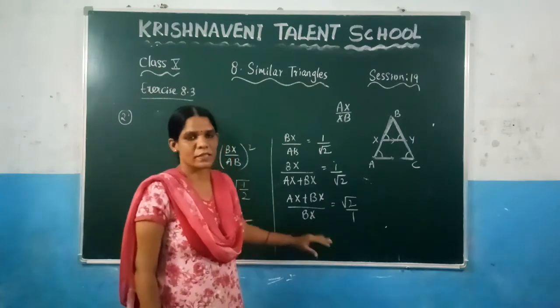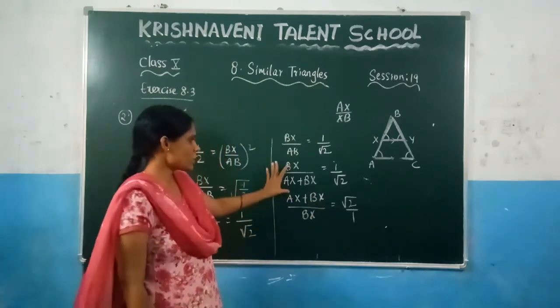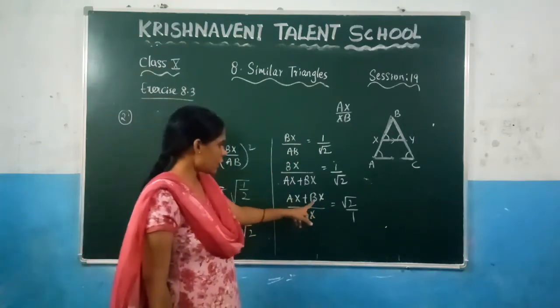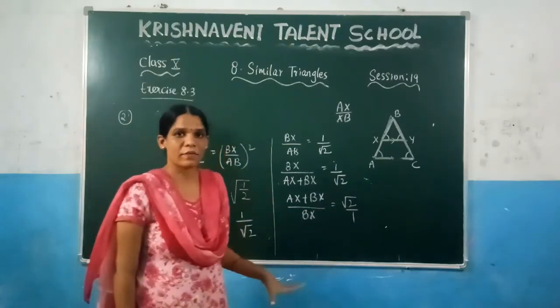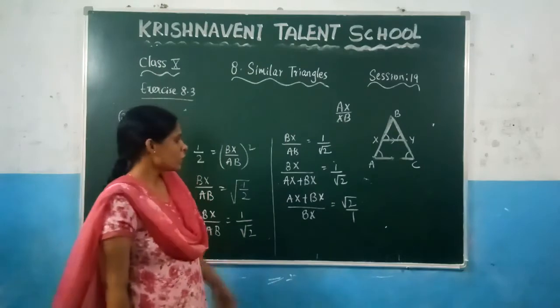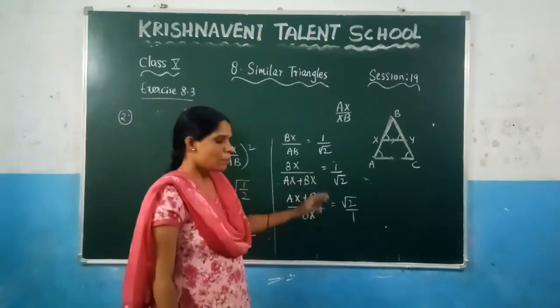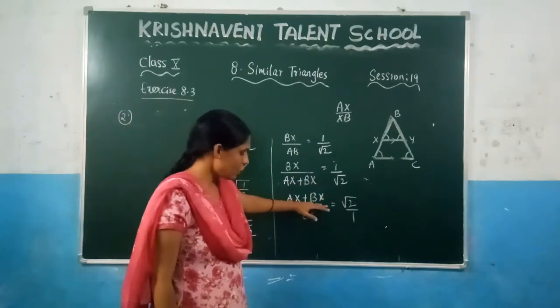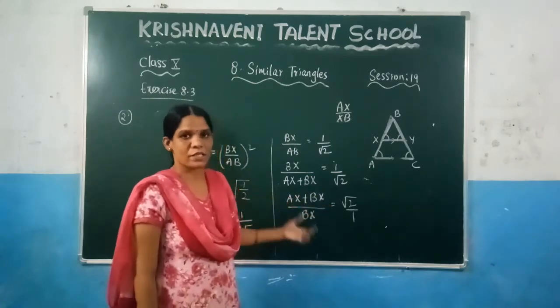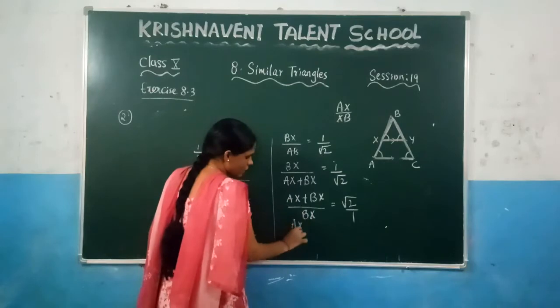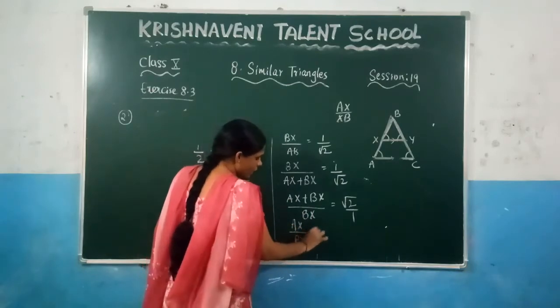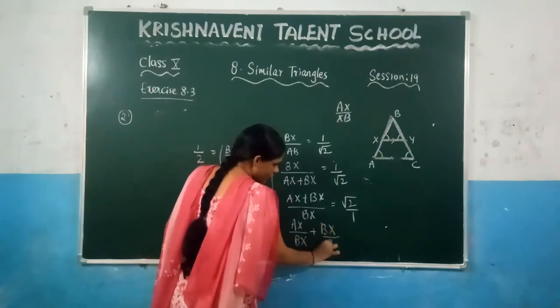The numerator, that means I have written the reciprocal of this one. So I got Ax plus Bx by Bx is equal to root 2 by 1. Why have I reversed like this? Because here you cannot separate these values. But in the numerator, if you get values like these, you can separate them, so that you can write this one as Ax by Bx plus Bx by Bx.